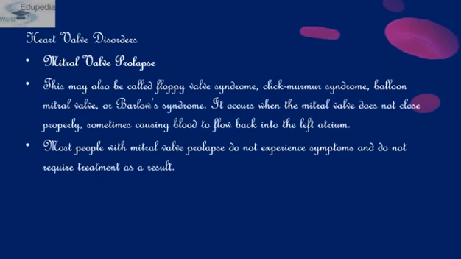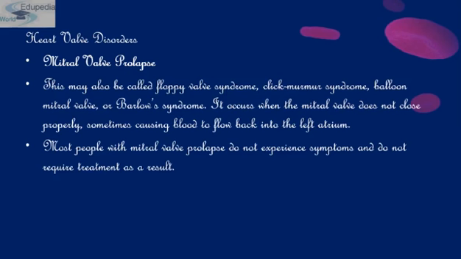Heart valve disorders, there are three types of valve disorders. First is mitral valve prolapse. We know that the bicuspid valve is also known as the mitral valve. When it prolapses, that condition is known as mitral valve prolapse.